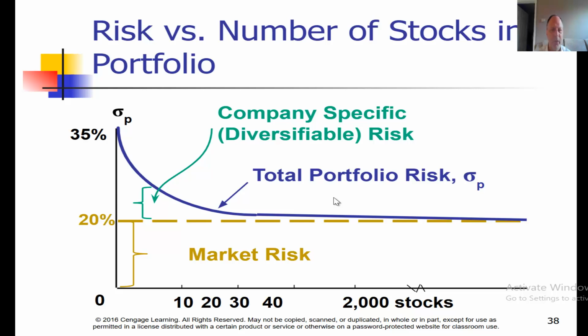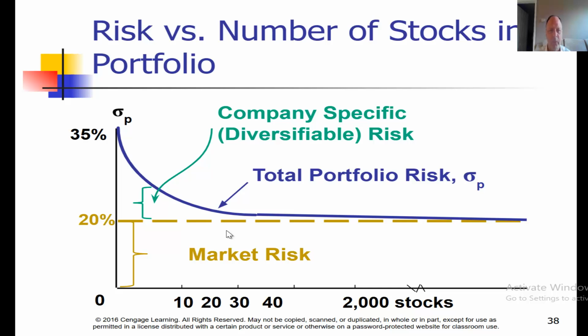The average for the S&P 500 is maybe 20%. If you add international stocks, then you might be able to get a risk somewhat below this. So for the first few stocks, you get a huge benefit from diversification.